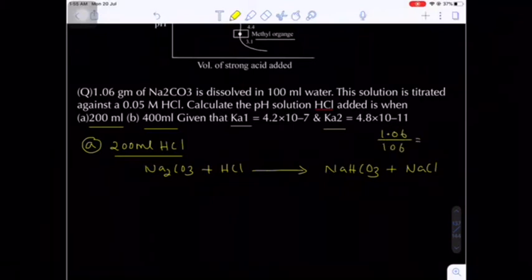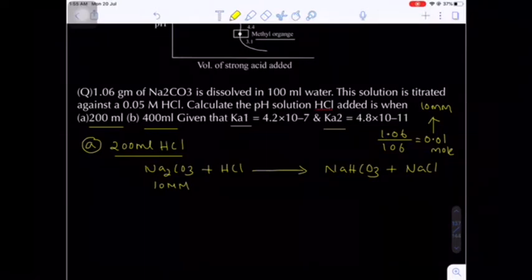and NaCl. Now what is the sodium carbonate moles? What is the weight of the sodium carbonate? 1.06. Do you know the molar mass of sodium carbonate? 106. So you will have how many moles? 0.01 moles. Yes or no? Shall I write 0.01 moles as 10 millimoles? Yes, because 1 mole is equal to 1000 millimoles.